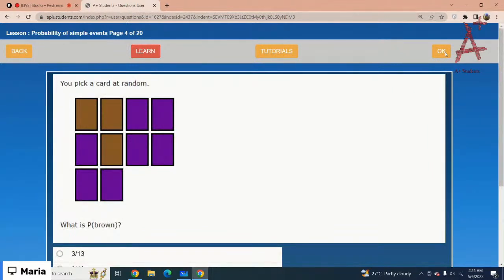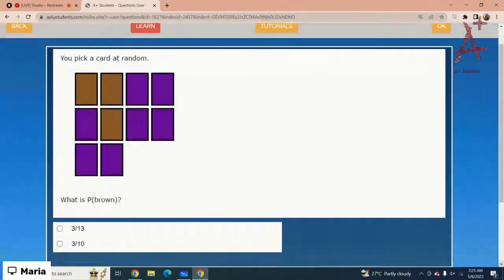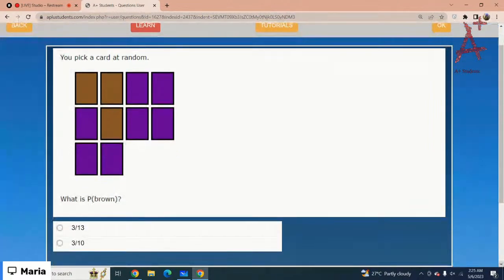You pick a card at random. What is the probability of brown? Which is the correct option?